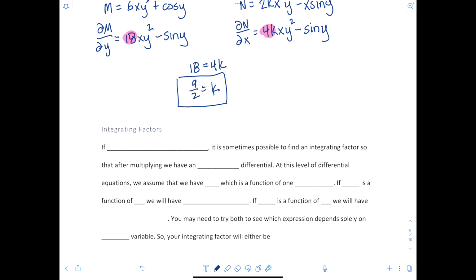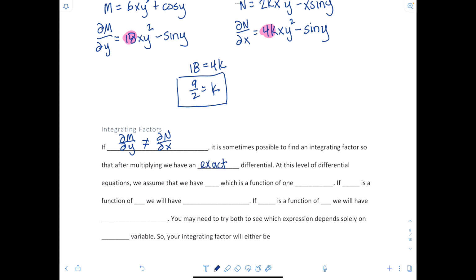So for an integrating factor, if it turns out that the first partial of m with respect to y is not equal to the first partial of n with respect to x, it's sometimes possible to find an integrating factor so that after multiplying we have an exact differential.